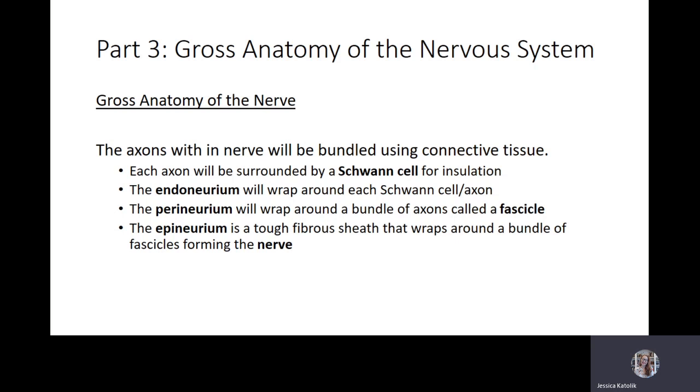Then a piece of connective tissue is going to wrap around the axon plus Schwann cell. This deepest piece of connective tissue is called the endoneurium, and the endo in this word refers to within, so it's the deepest connective tissue that wraps around the axon and Schwann cell.